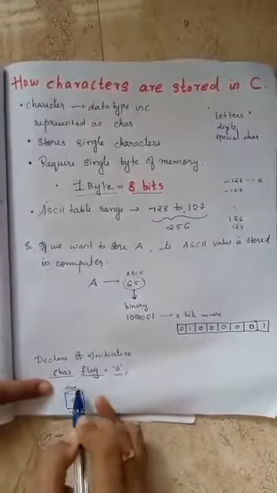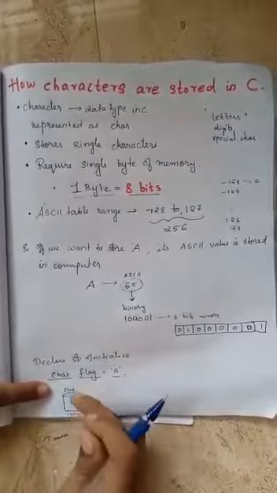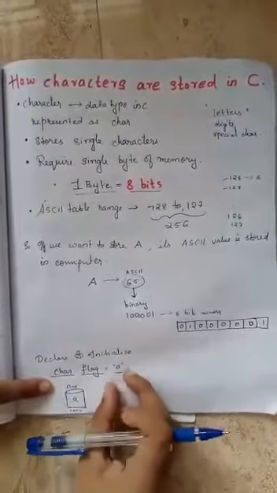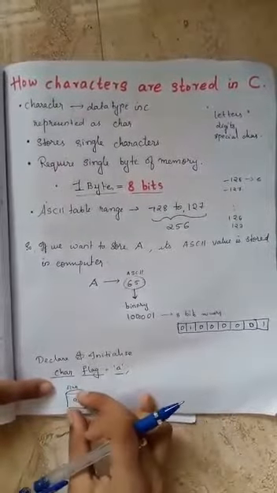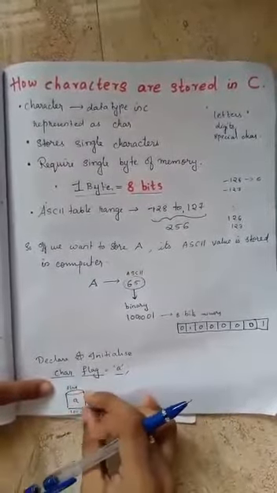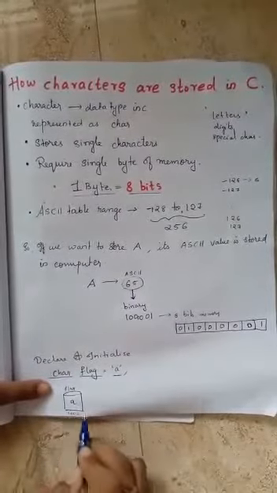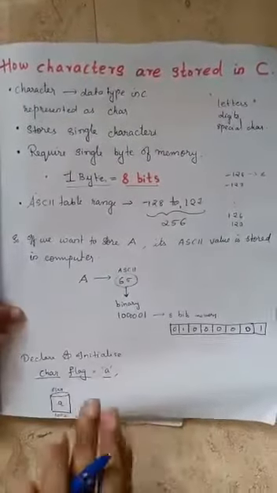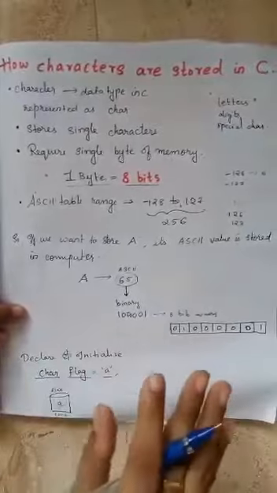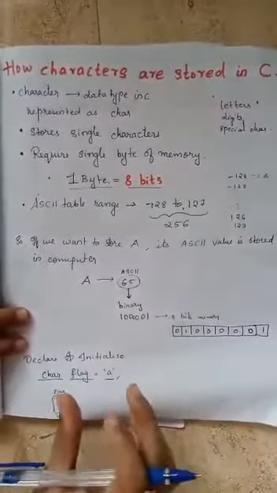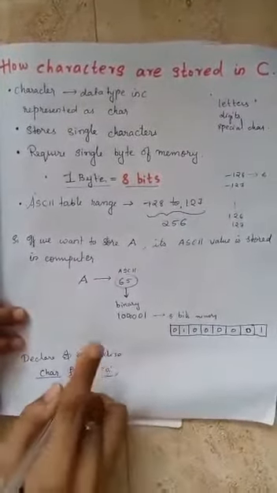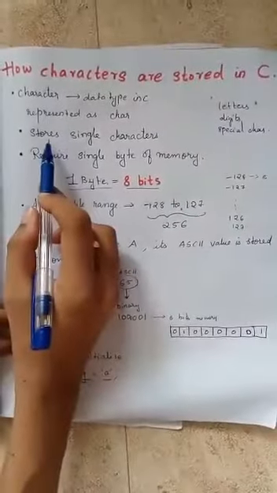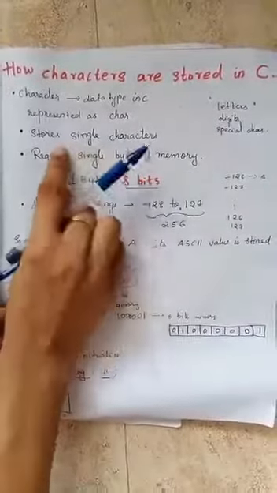Its name is the variable name, that is flag, and inside flag we have A. It will have some memory address also. So this is basically how characters are stored: 1 byte of memory is required to store one character, and only one single character can be stored.